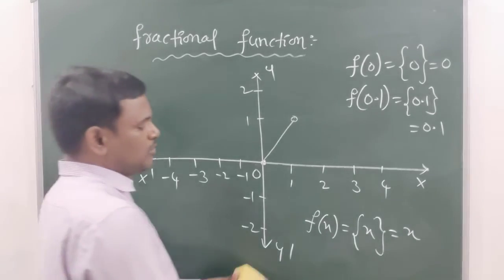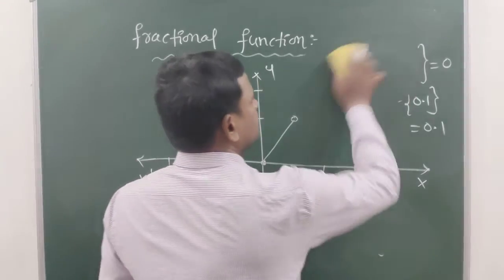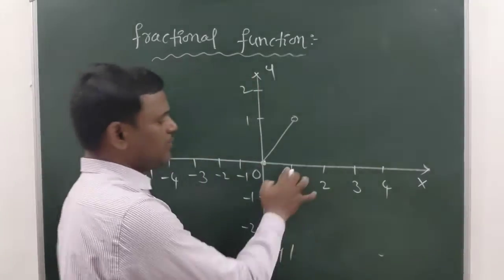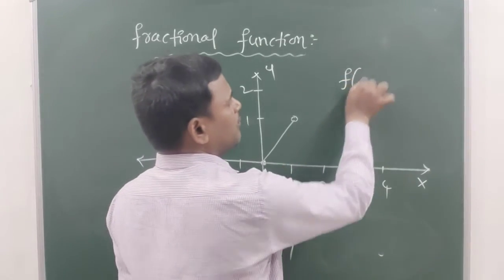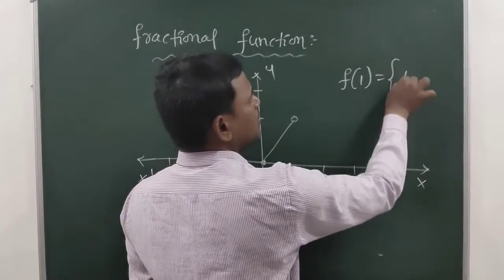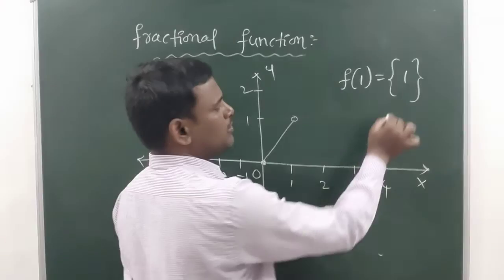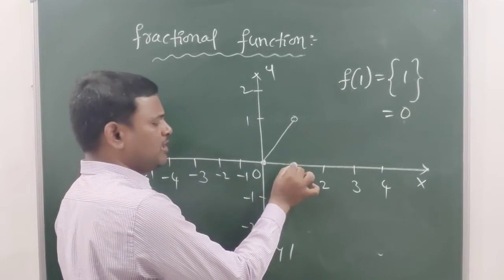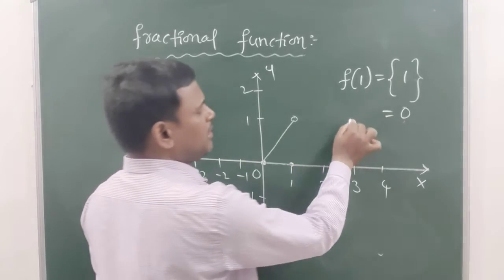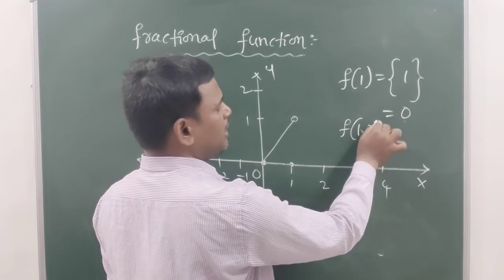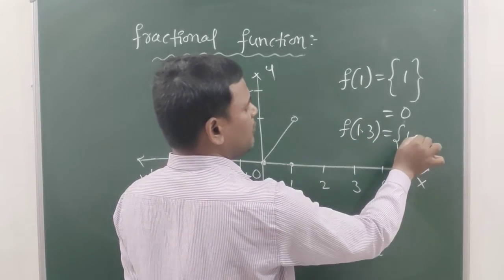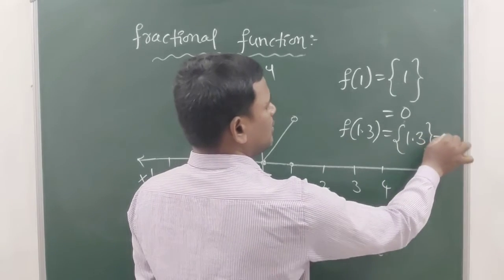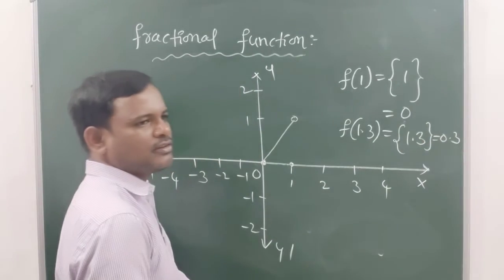Okay, so again start from 1. What is the fractional part of 1? There is no decimal part, so you have to write it as 0. 1 comma 0. Where do we get it? Here. Similarly, if you take f of 1.3, what is the fractional part of 1.3? 0.3 you will get.